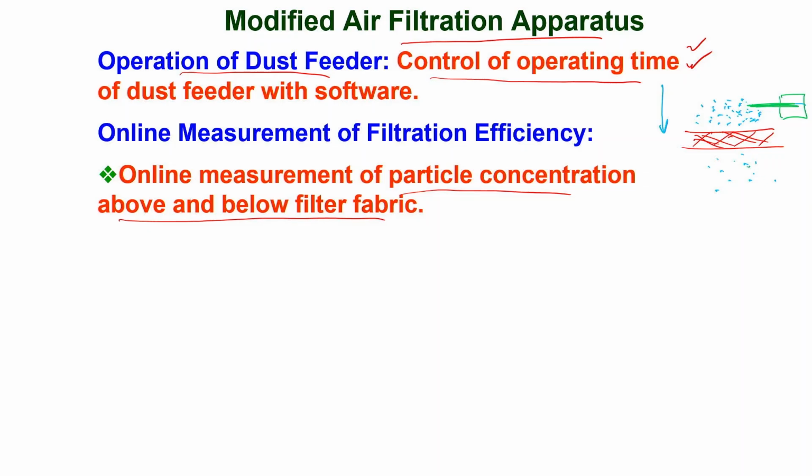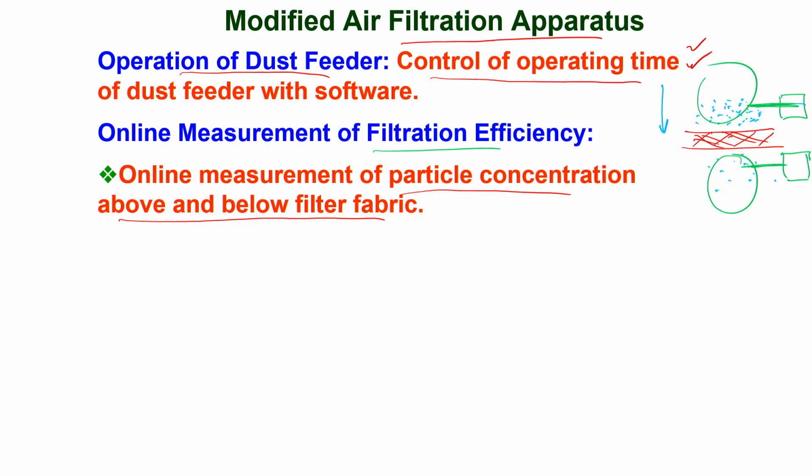One is on the upstream side, another is on the downstream side. These particle counters measure the number of particles per unit volume. And on the downstream side also this will measure the number of particles per unit volume. So, this ratio will be expressed in terms of filtration efficiency.